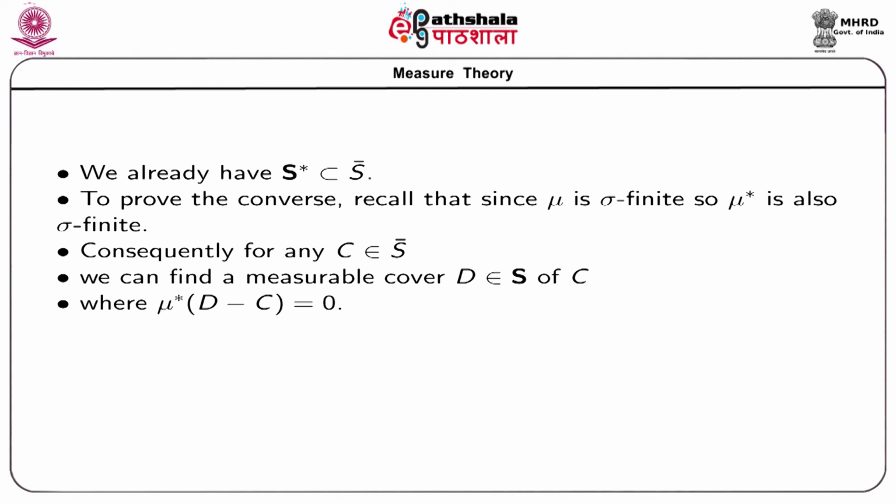Consequently, for any member C belonging to S bar, we can find a measurable cover D belonging to S of the set C, where evidently mu star of D minus C is equal to 0.